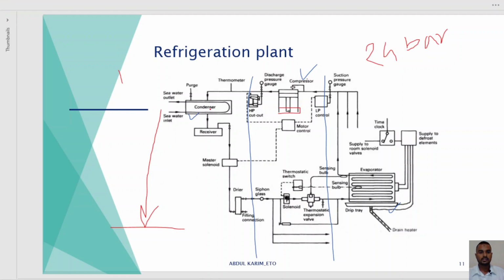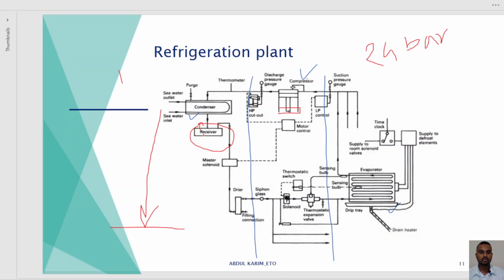When the refrigerant is condensed by the seawater, the high pressure but low temperature refrigerant will come to the receiver, and it can be reserved in the receiver. If there is any maintenance within this portion, we can store the refrigerant, and on the upper side of the refrigerant there is the air vent.